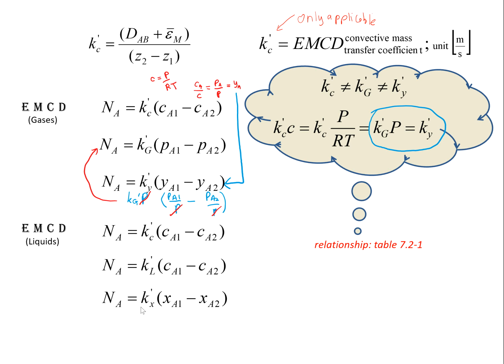Next, you have the third equation. Since this is in liquid, the mole fraction is expressed in terms of x instead of y. Okay, because for y, you use that to represent gas. For liquid, you use x. And the coefficient is Kx prime. Okay, note that all these are for EMCD cases.